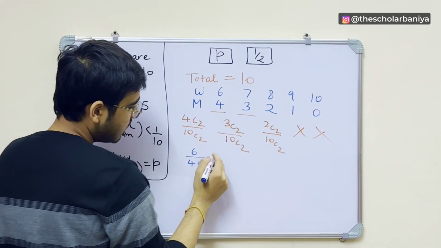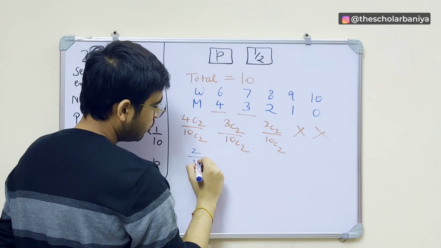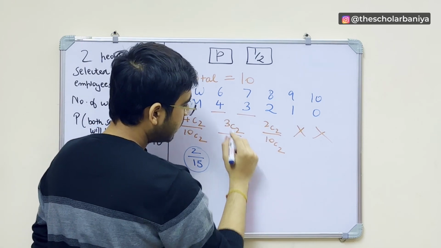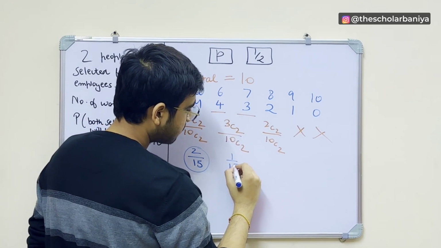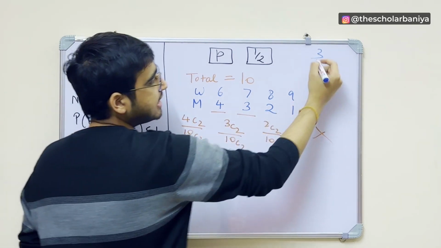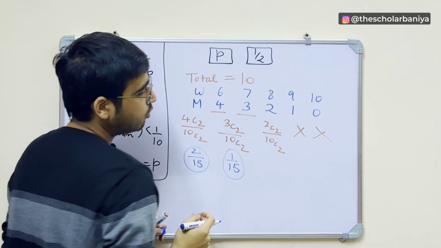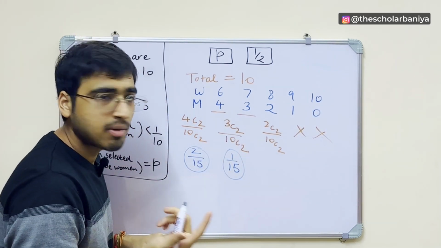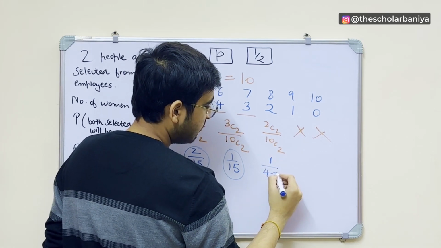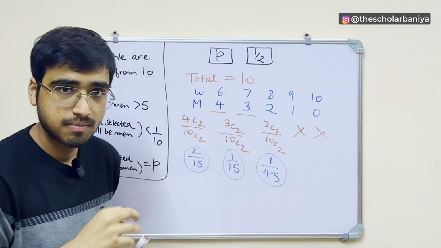If you solve this, 3 2s are 6, 3 15s are 45, so we get 2 upon 15 for this part. For this one, it becomes 3 upon 45, which is 1 upon 15, because 3C2 is 3 and 10C2 is 45. Similarly, 2C2 is nothing but 1, and 10C2 is 45. So these are your three possible cases.